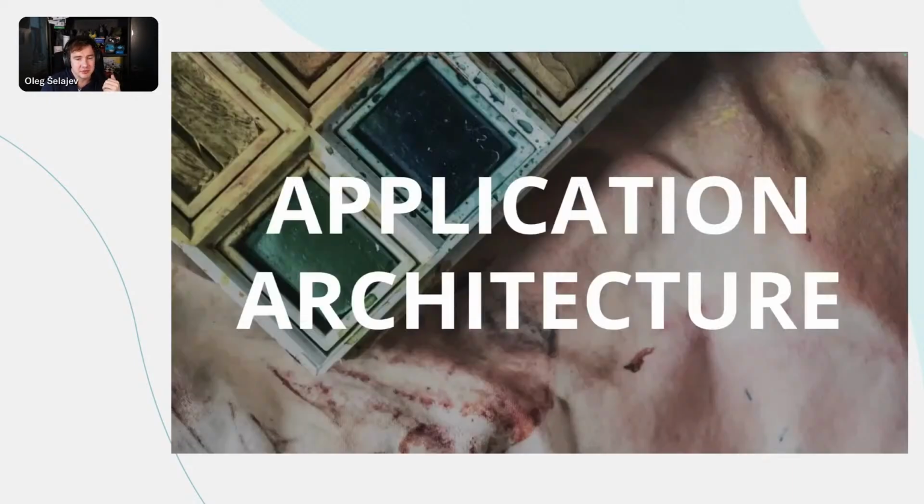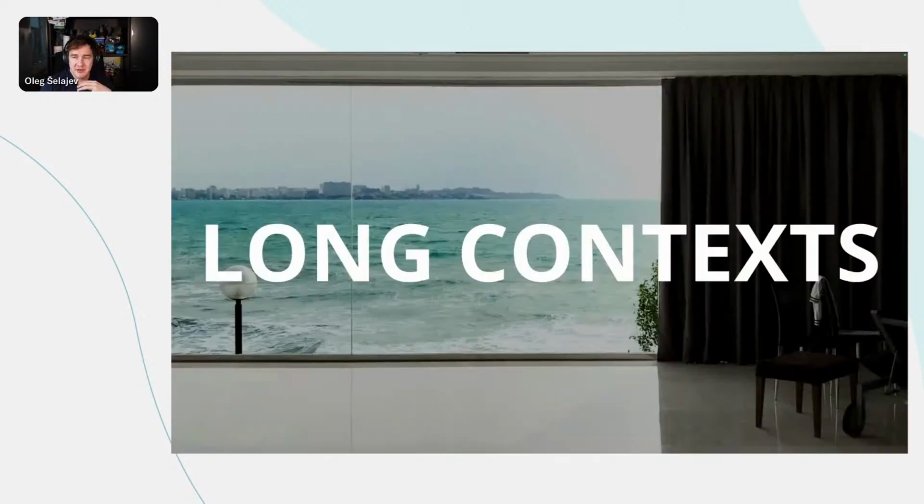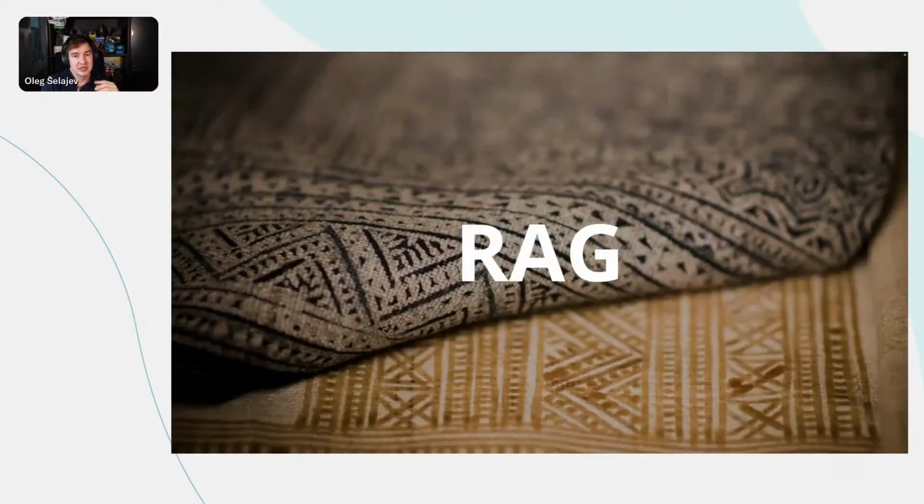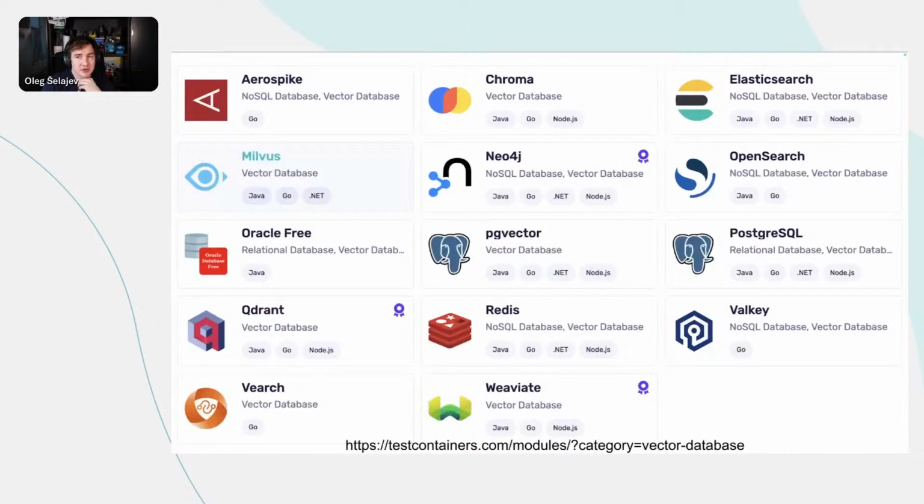Now, we have just a minute for this, so I'm going to skip very quickly through the application architecture, right? You can have very long context windows, which is the normal way of using it. The simplest, you just add everything to the prompt and it runs. You have the RAG, which is the retrieval augmented generation, where you supplement that information with additional data that you have in the documents.